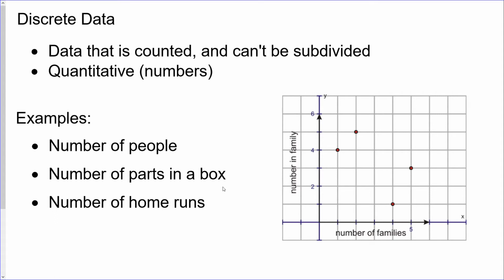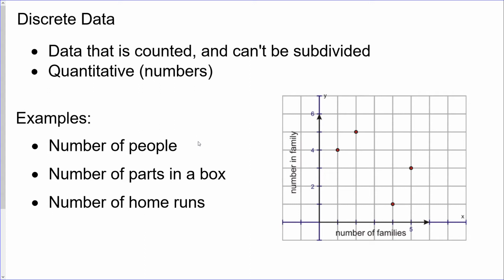Now, when we talk about number of people, that's often the best example of what discrete data is, because clearly you can't really subdivide people. You could have one person, two people, three people, four people, that kind of thing, but you don't normally have 1.5 people, or 2 3/4 people, or 3.1415 people.